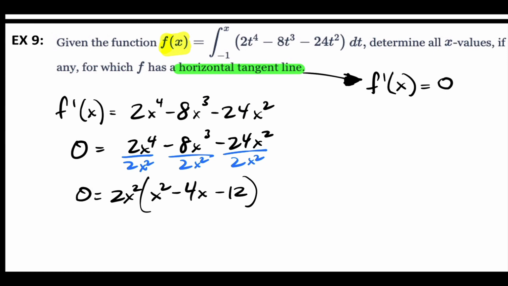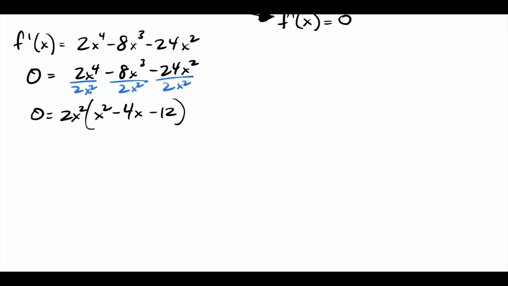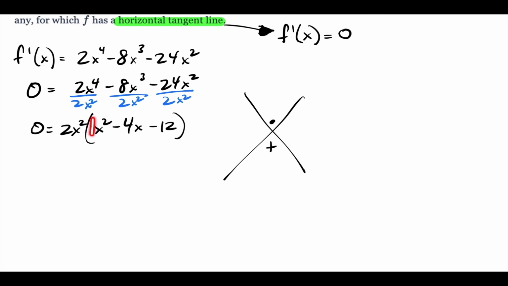The next thing is factor. Depending on how your teacher taught you, there's different ways to do the factor. Most teachers teach some version of this, where you multiply a, which is 1, times c, -12.